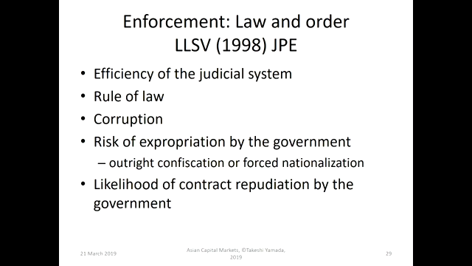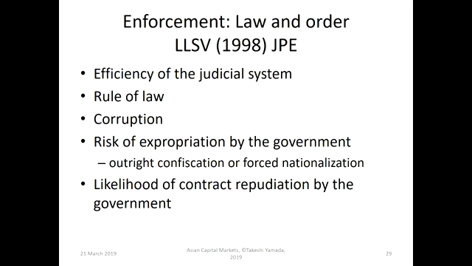So first one is efficiency of the judicial system. It's basically how long it takes to make a court decision. And the rule of law, right? And corruption, and risk of expropriation by the government. Yeah, so this could happen in some countries, right?